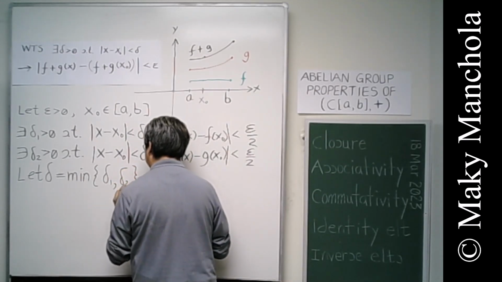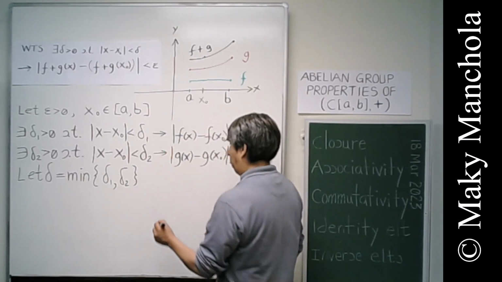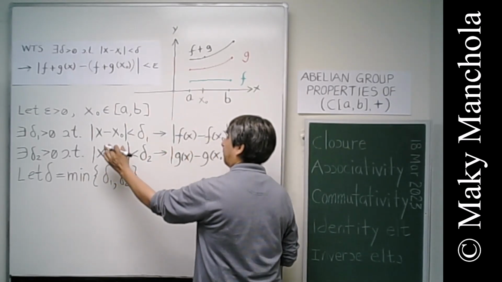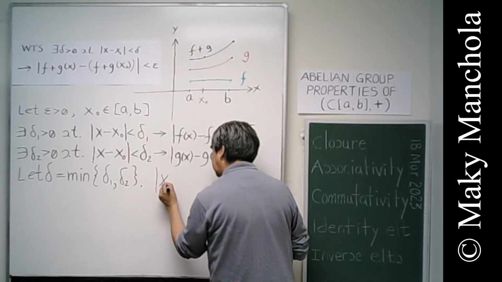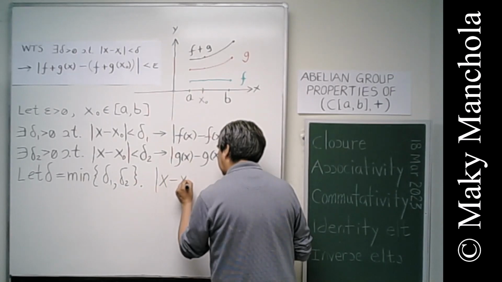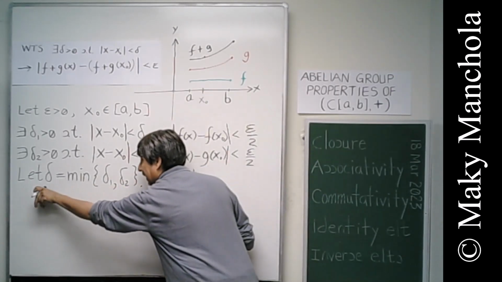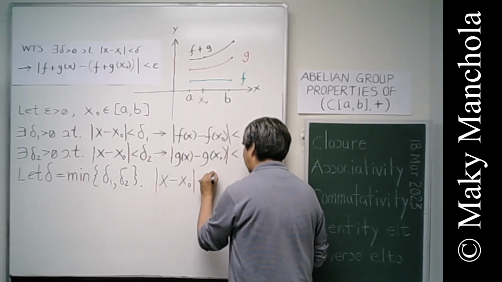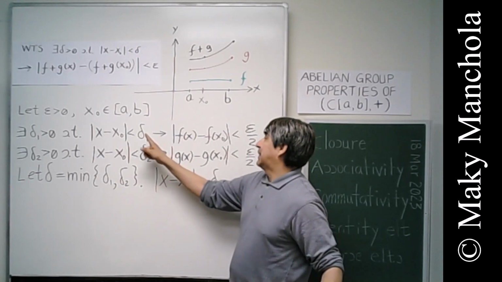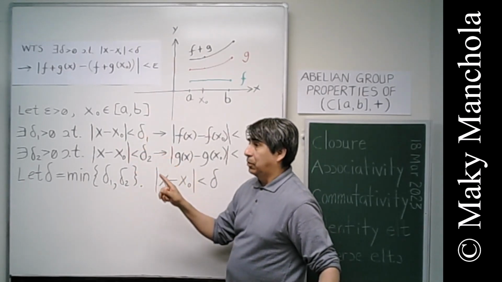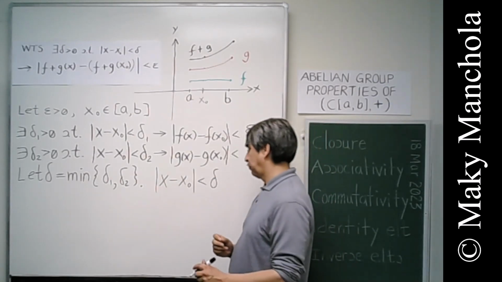What happens? If the absolute value of x minus x0 is made to be less than delta, it automatically is less than delta 1 and delta 2. So that means that both of these conditions will be satisfied.